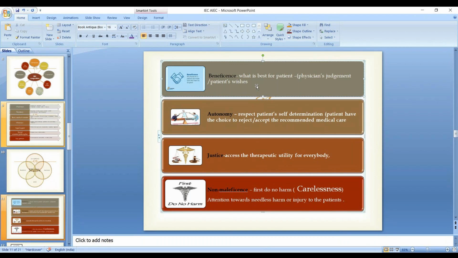Whenever we are choosing one treatment modality, we should take care that it is best for the patient. Whenever we are doing an RCT, randomized control trial, we are taking one group as a standard one, and another group, we are never taking an inferiority trial like things.